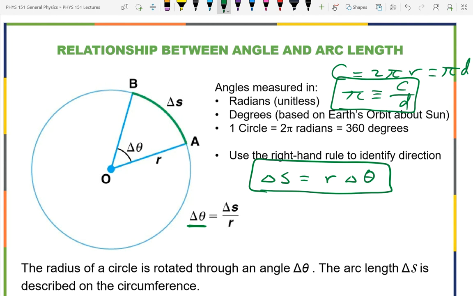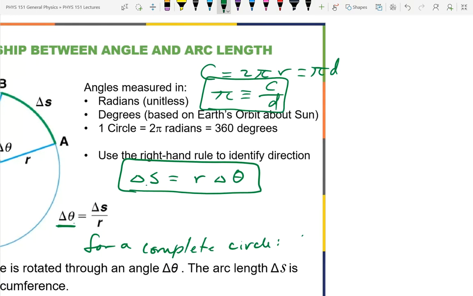So pi's definition is based on circumference and diameter. And using that relationship, we can define delta S is r delta theta, or delta theta is delta S over r. For a complete circle, the arc length is equal to the circumference, 2 pi radius.